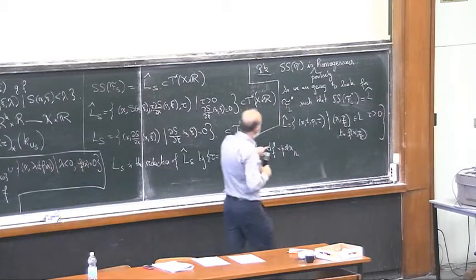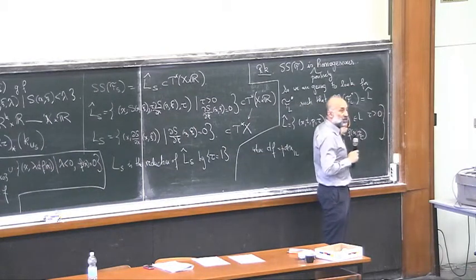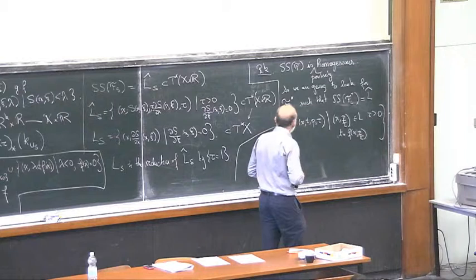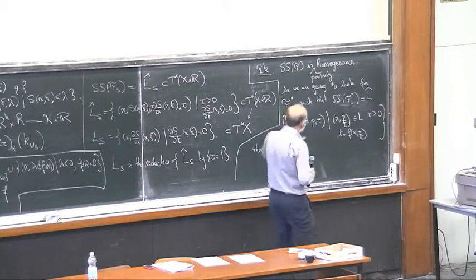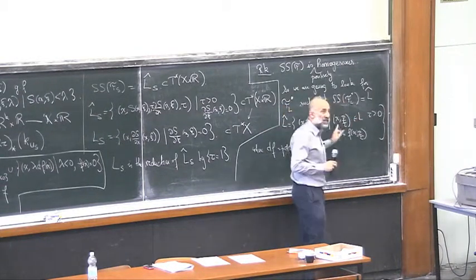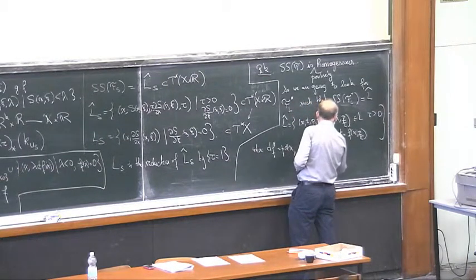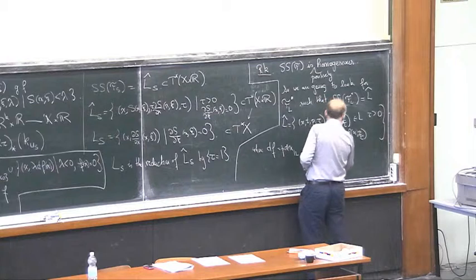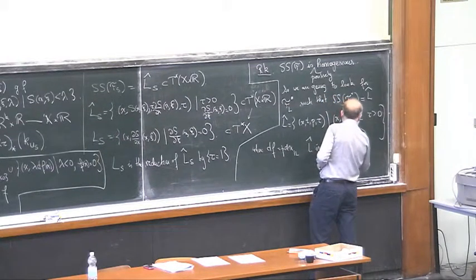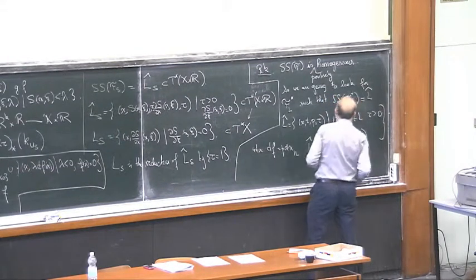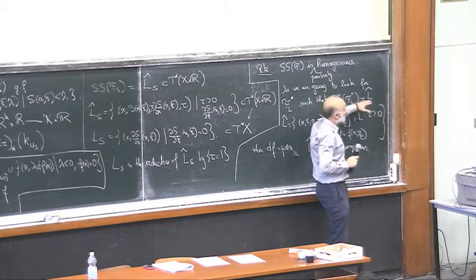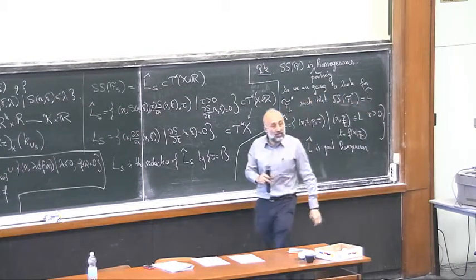And I use this function f here to describe this lift L hat. And you see that by definition, this is positively homogeneous. So L hat is positively homogeneous. So at least you have a chance to solve this problem here.